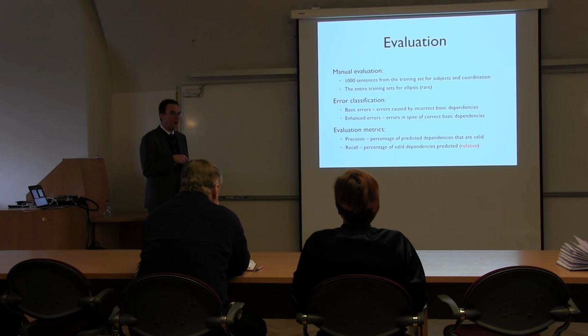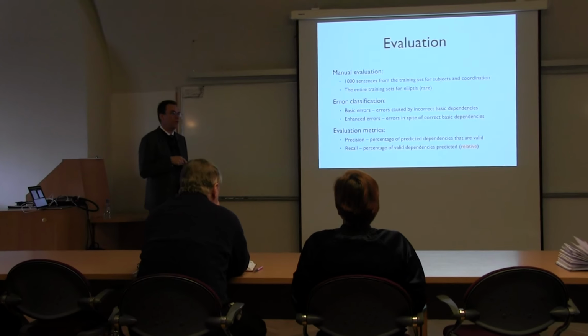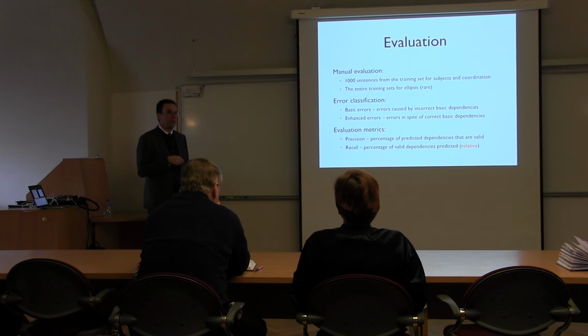We can say how often, when the enhancer predicts something, the prediction is correct. But since we have more than one system, we can do a kind of pooled recall, or relative recall as it's sometimes referred to in information retrieval, where we can say for a given system how many of the correct dependencies found by the two systems together were found by that system.